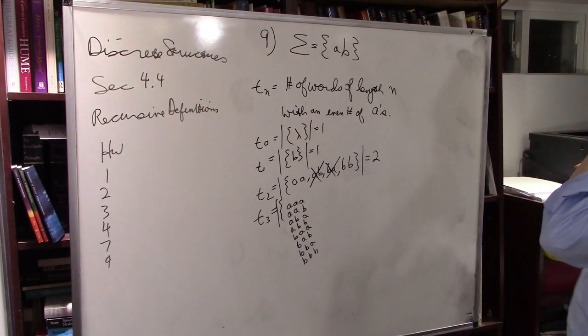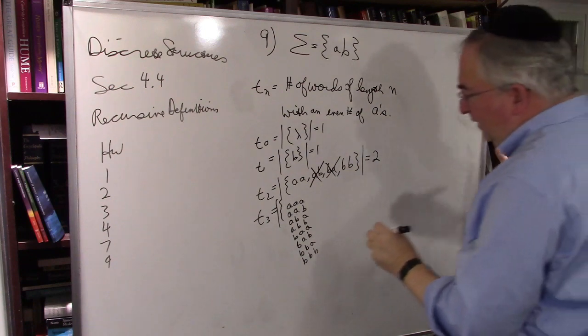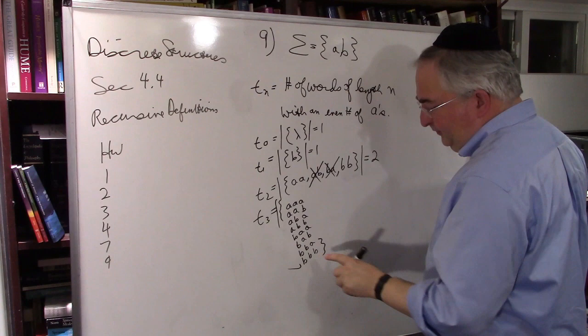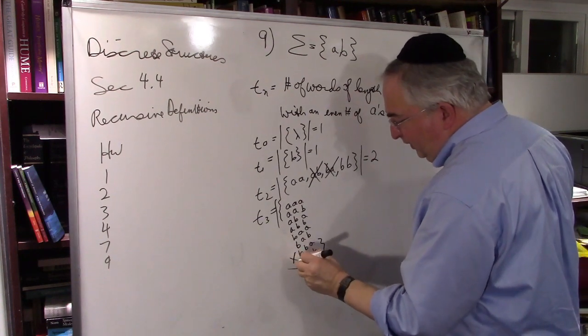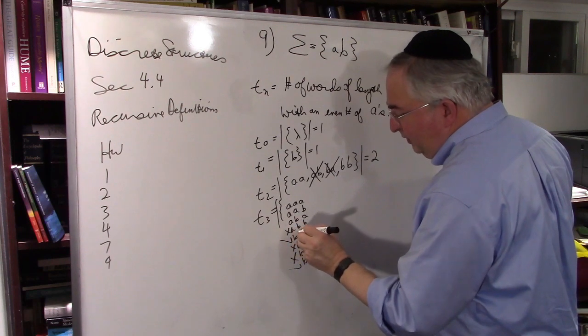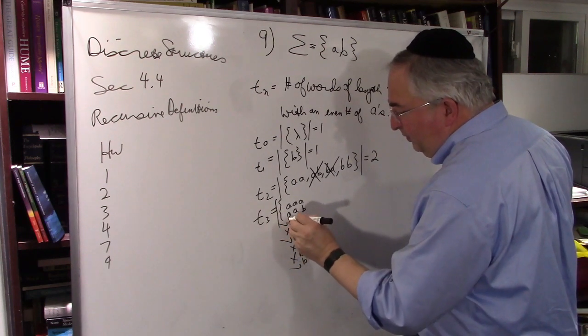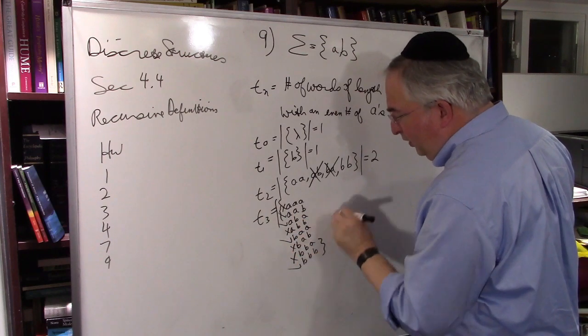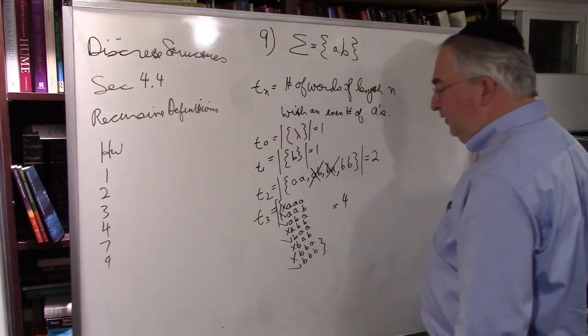That's 8 words altogether. AAA has an odd number of A's. AAB has an even number. ABA has an even number. ABB has an odd number. BAA has an even number, BAB odd, BBA odd, BBB even. So 1, 2, 3, 4. So this is equal to 4.